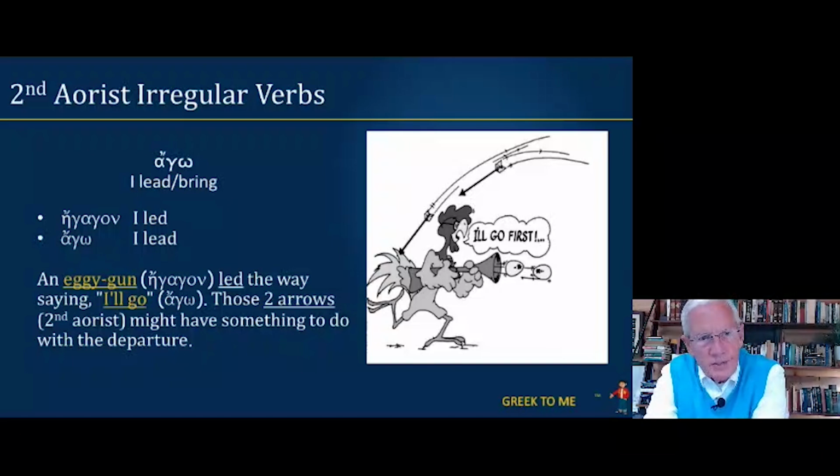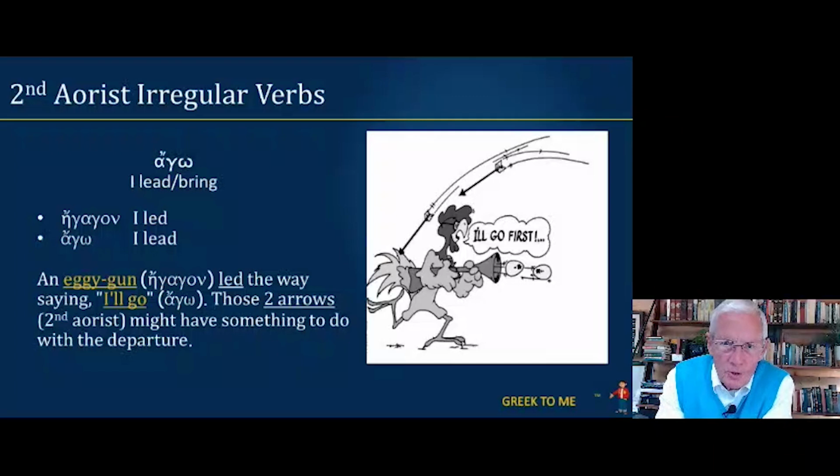So the second aorist is egagon, I led. So here we have a strange picture of an egg-agon led the way saying I'll go for ago. Those two arrows might have something to do with his rapid departure. So egagon, I'll go, ago.